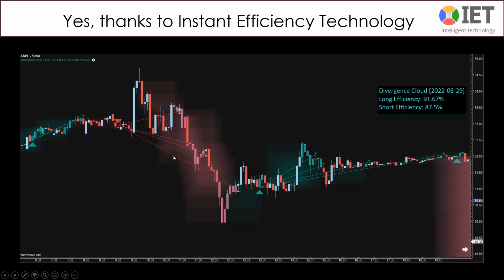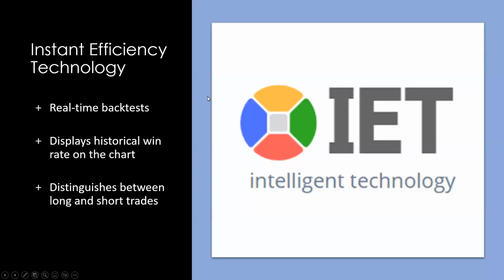Based on this, these statistics are being calculated. Basically, this is an instant, real-time backtest performed directly on the chart. There's no need to create a strategy and backtest it. It's done automatically for you directly on the chart, and we distinguish between long and short trades. So this is our IET technology.